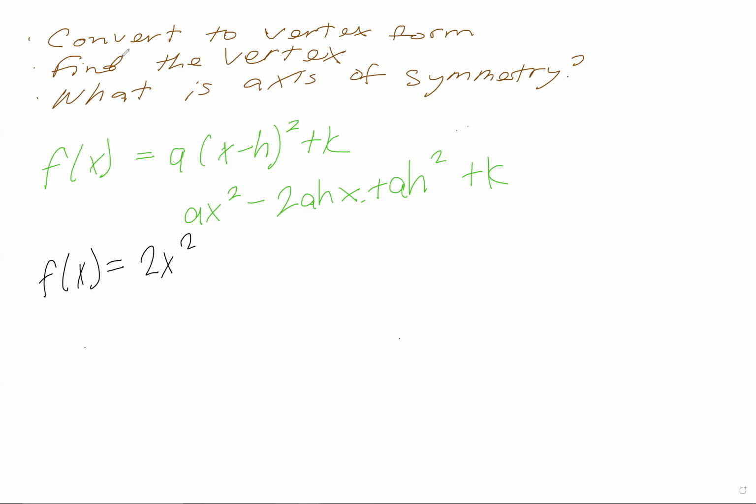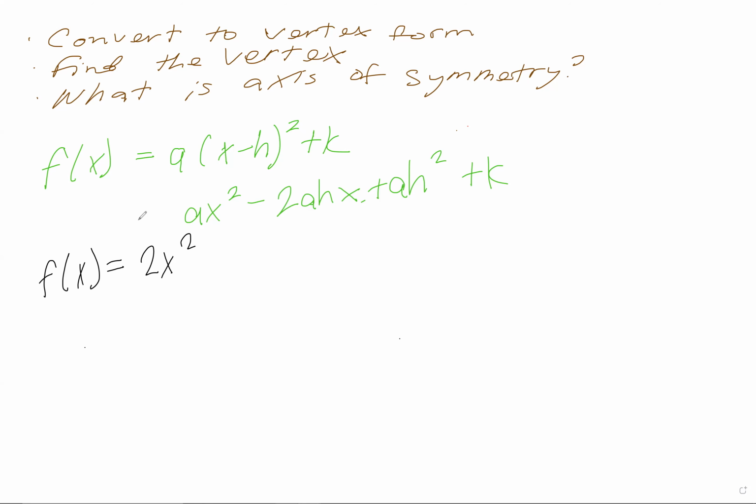First of all, we're trying to convert to vertex form, and we do that by setting the standard form, because all of this is in standard form, believe it or not, equal to the vertex form. What I'm underlining is just vertex form but expanded. Isn't it already in vertex form then? Well, no. This is the template for vertex form.